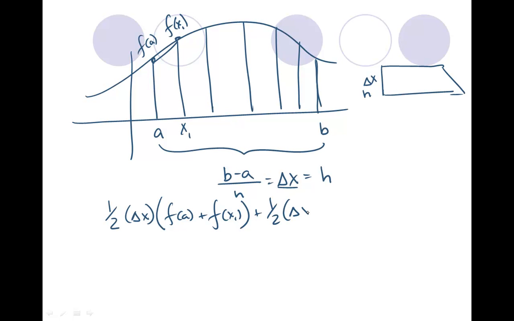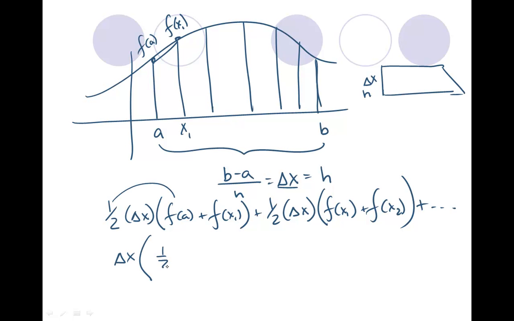You can see that I'm repeating the 1/2 and the delta x each time. So to consolidate this, they have written delta x times half of my first y value plus half of my second y value, but you can see that I'm going to use this twice.